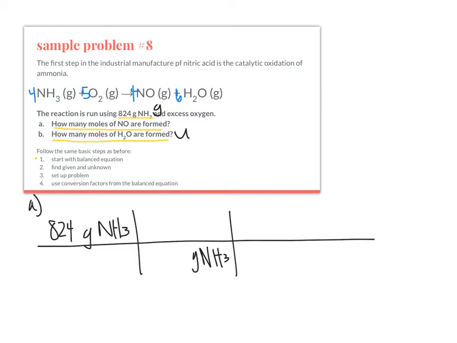No. So we have to go to moles of NH3. That's a 3. And then if we have moles of NH3 on top, we have moles of NH3 on bottom. And then we can go to moles of NO.